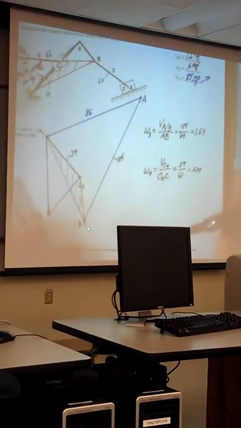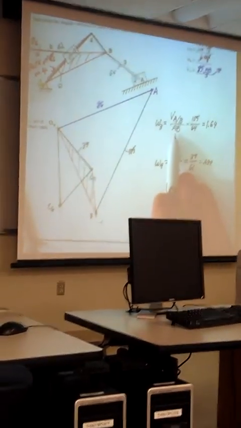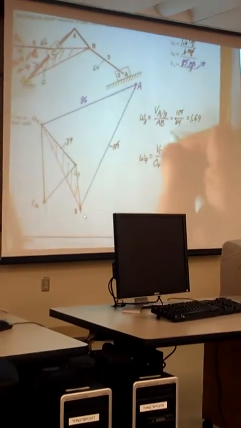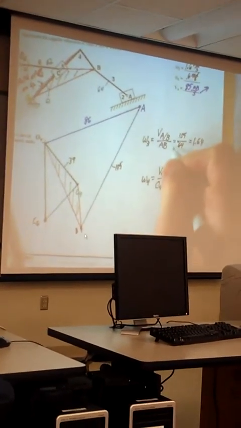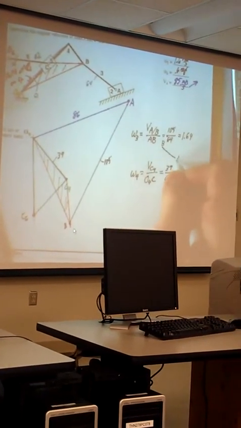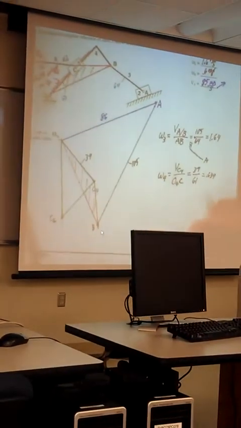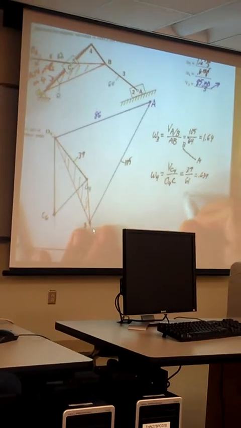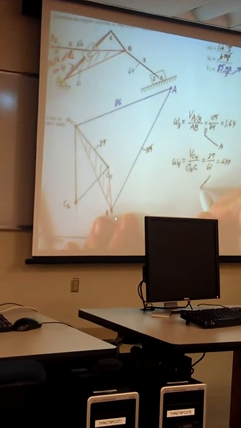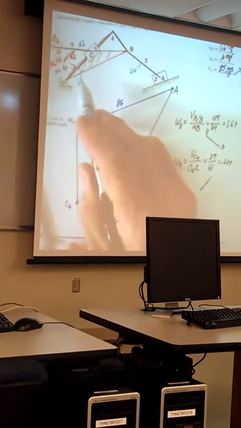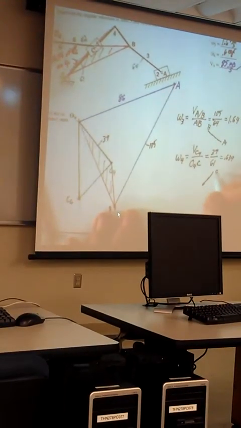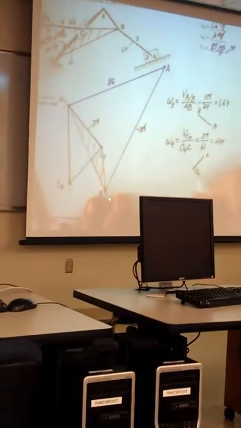So I'm going to draw an image of what's in the denominator here, AB. Here we go. B is up here, A is down here, just like on the mechanism. I'm going to draw a little image of O4C. That's up here. C is at the top, O4 is at the bottom.